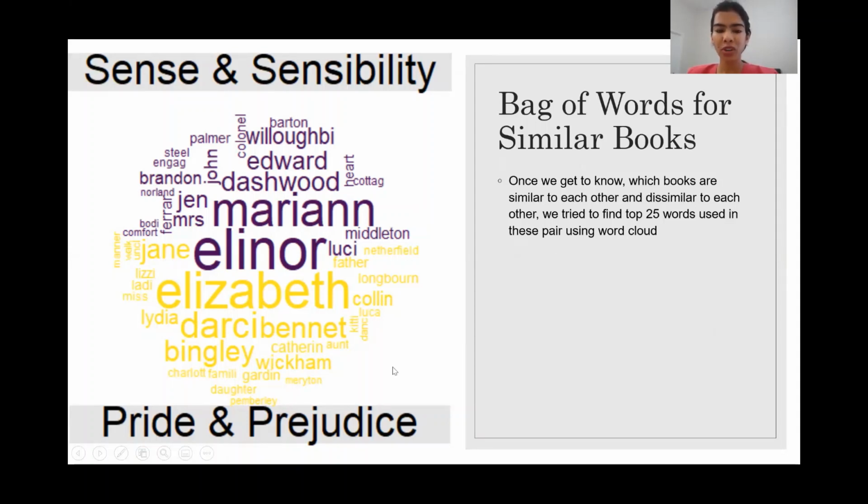If someone has read these books, one can deduce that the main character in Pride and Prejudice was Elizabeth, and in Sense and Sensibility, the main character was Eleanor. So we can clearly see that our word cloud does very well in letting us know which are the top 25 words in our pair.